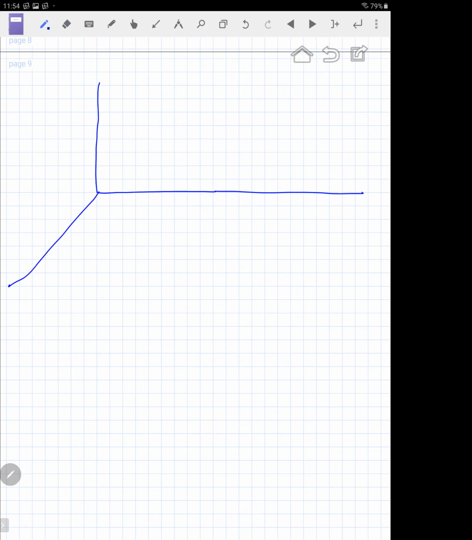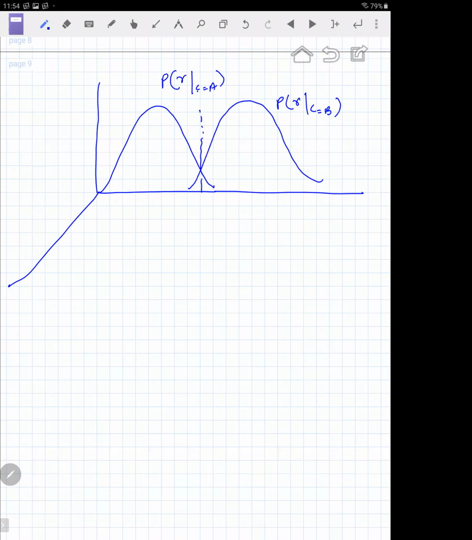So we had this one, probability of R given CT equal to A. Now, in our past class, we had said that this was the probability of R given CT equal to B, and that we could come up with this neat threshold, and we could separate out the 2 classes very neatly by just looking at the threshold.